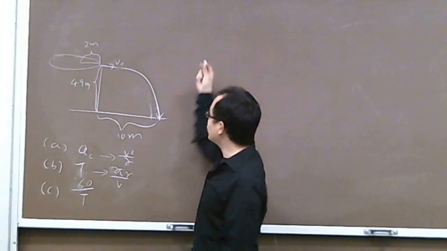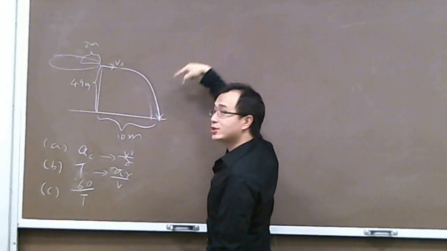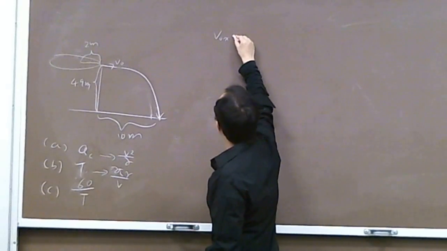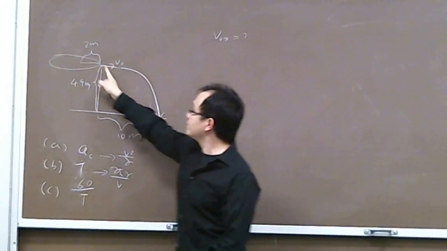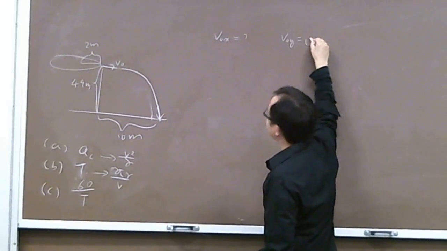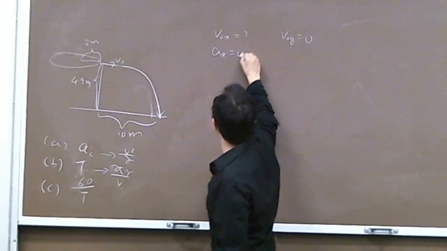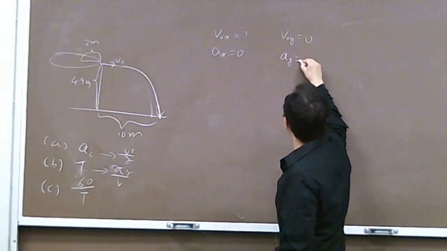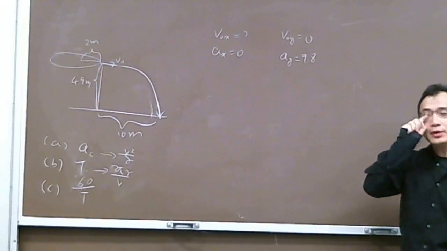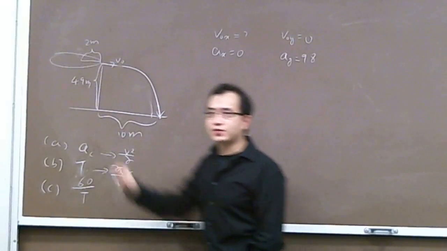Yes, we can. If you write down the known quantities along the x direction and y direction, along x direction, v naught x is the quantity we want to find, right? That's a horizontal projectile motion, so v naught y equals 0. And for any projectile motion, we know ax equals 0, ay equals 9.8. For this problem, it's better to choose 9.8 because this height is 4.9.